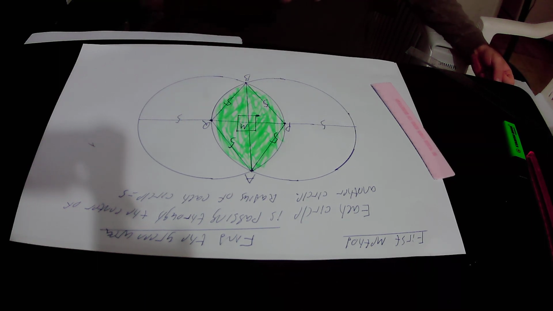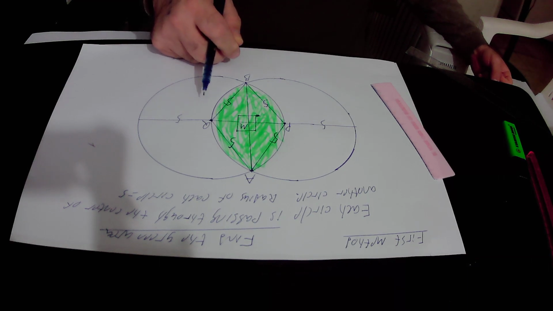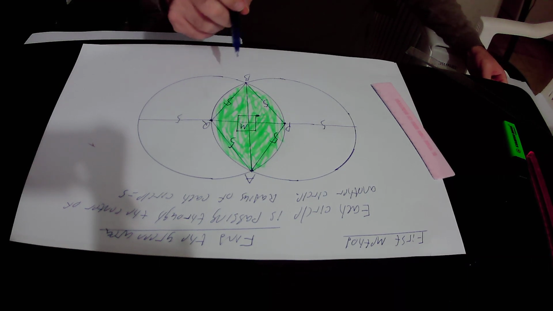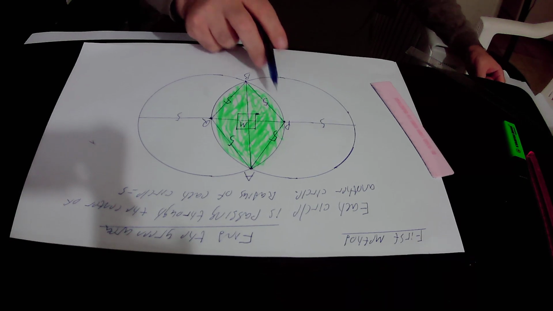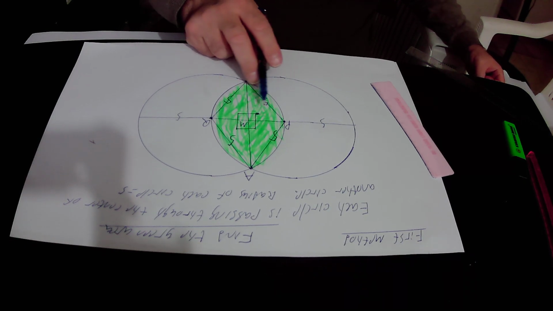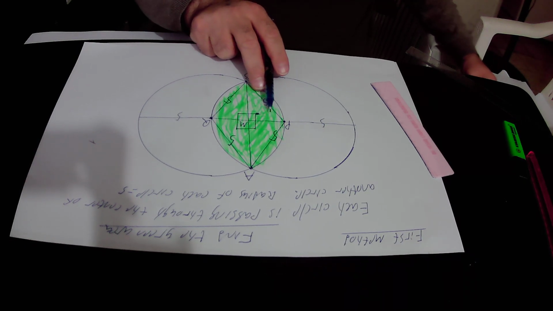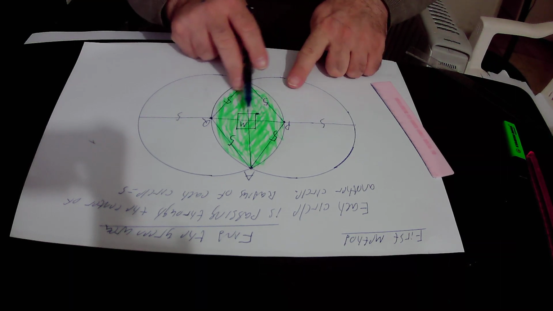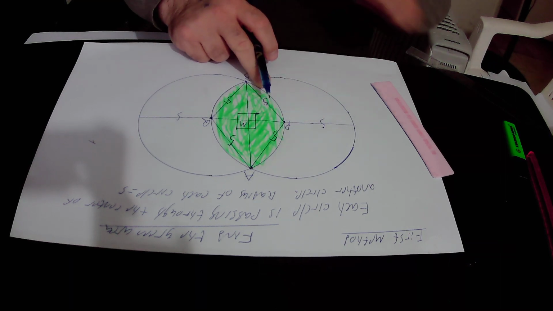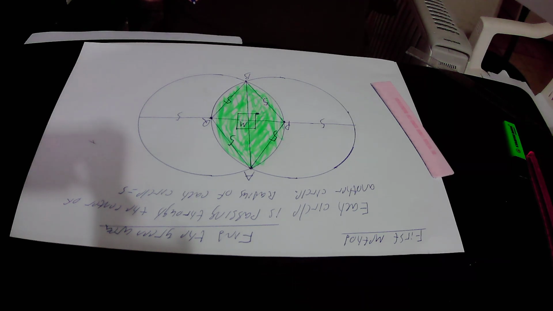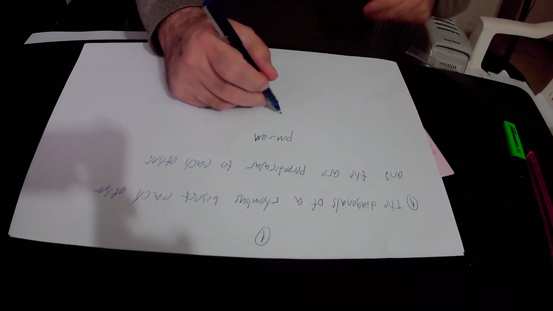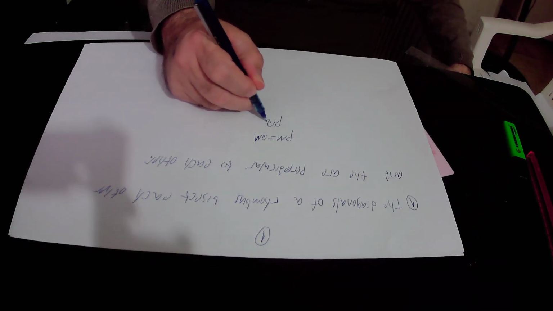And we also know that PM equals QM, but we also know that PQ is the radius of this circle. That is to say PQ equals 5 units.